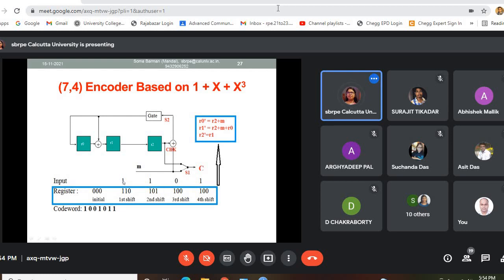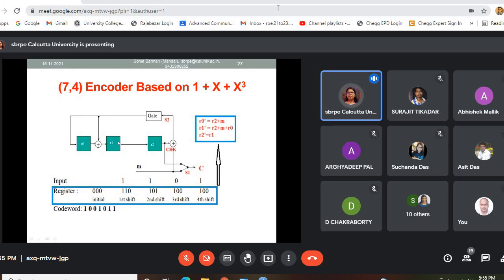So this is the LSB and this is the MSB of the message. Now the first 1 is coming. Now the switch is connected to this position. This is open now, and M is connected to this.